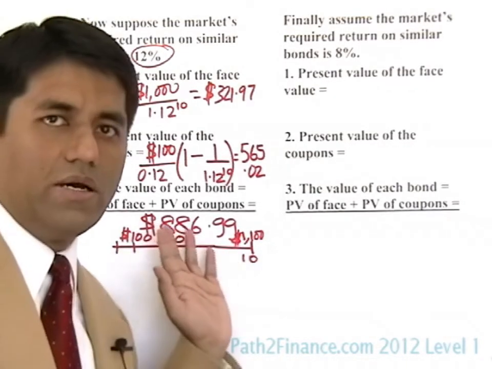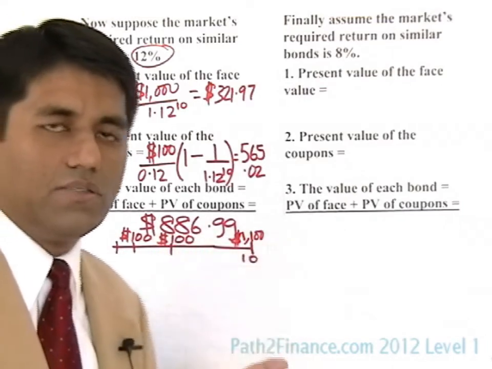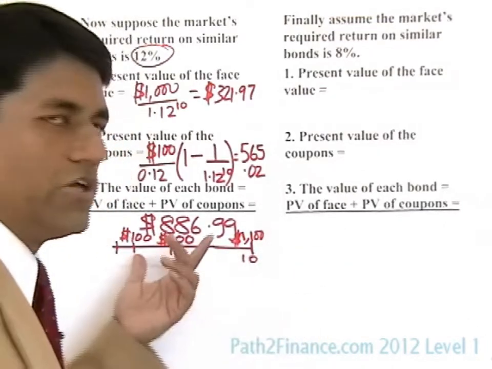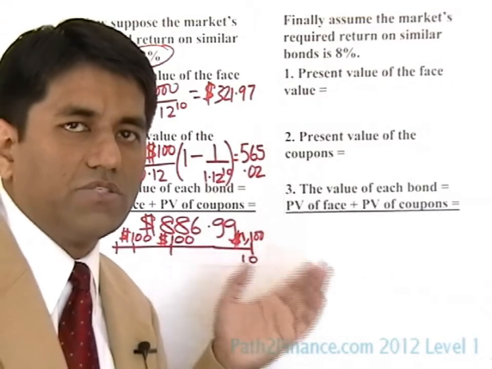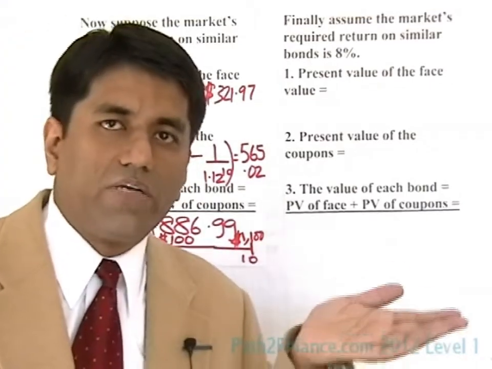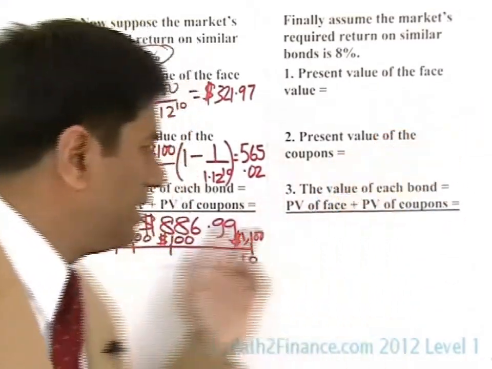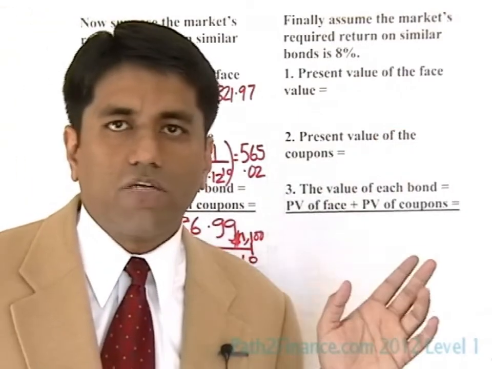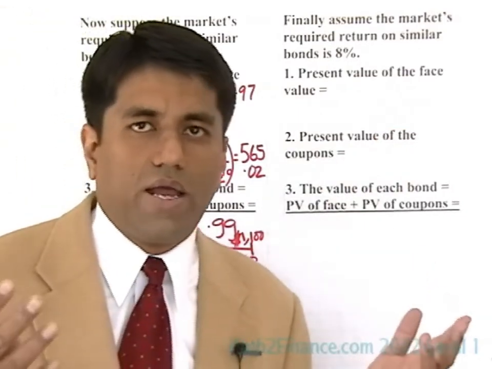So when the required rate of return was 10%, the price of this was 1,000. When the required rate of return went up to 12%, did these cash flows change? No, the cash flows did not change, because that is the bond contract.